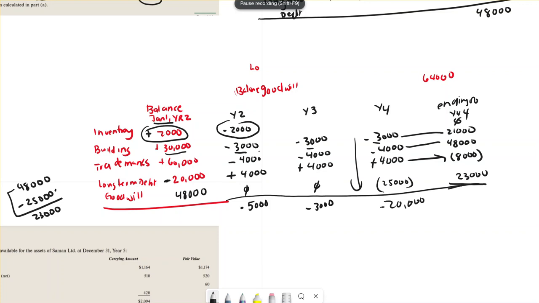So then I get 21,000 plus the 48 minus the 8 plus the 23, I will get 84,000. So that's what I got.